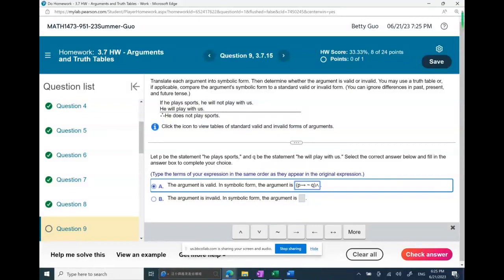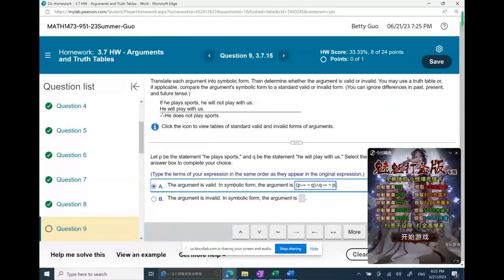I guess we have to translate it to the conditional. The second premise is he will play with us, which would be Q. And the conclusion would be he does not play sports, not P. This is contrapositive reasoning.